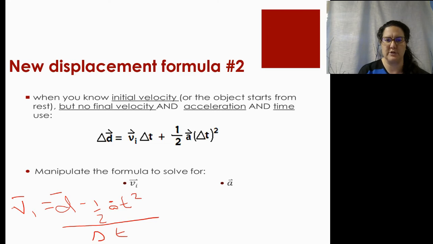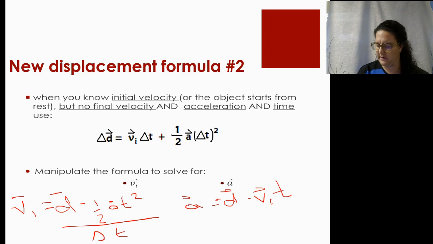Now to solve for acceleration, I'm going to subtract from both sides of the equation the initial velocity component. So we have acceleration is equal to displacement, subtract the initial velocity multiplied by time.